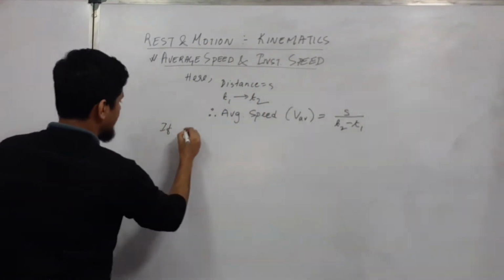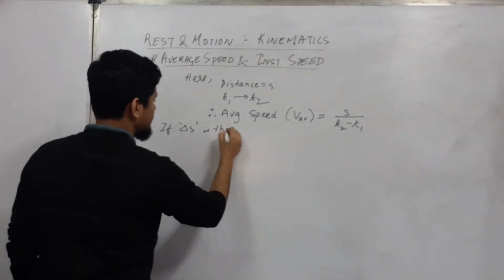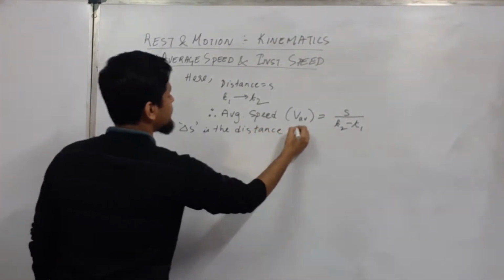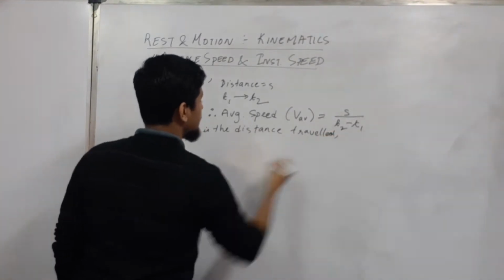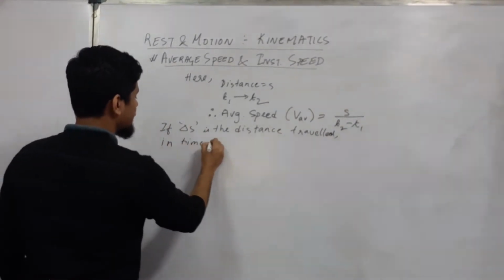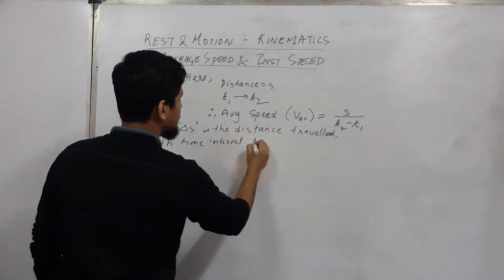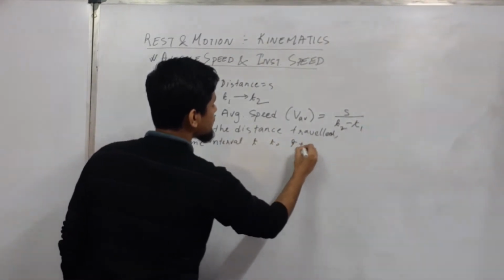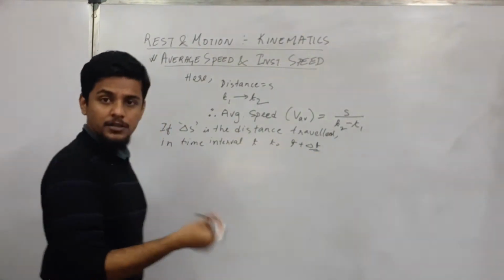So delta s is the distance traveled in the time interval t to t plus delta t. So in this case you can see that delta t will be the time interval.